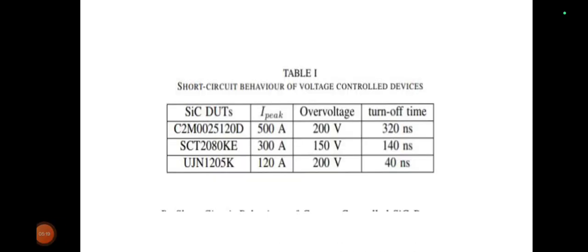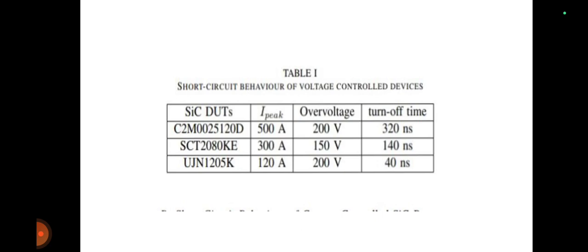So here we can see in this table the short circuit behavior of voltage controlled devices. In this table we can see SiC DUTs, peak current, overvoltage, and turn off time. For the C2M0025120D, peak current is 500 amperes, overvoltage 200 volts, and turn off time was 320 nanoseconds.